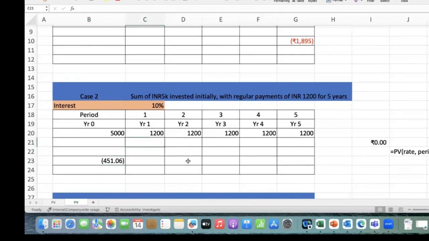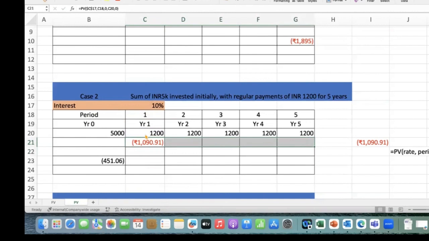Let us try to calculate the present value of the future cash flows. Equal to PV, opening bracket, rate 10%, and I have to fix it, followed by number of periods. This is my number of periods. Payment, it is 0, comma, fixed value is this one, comma, 0.